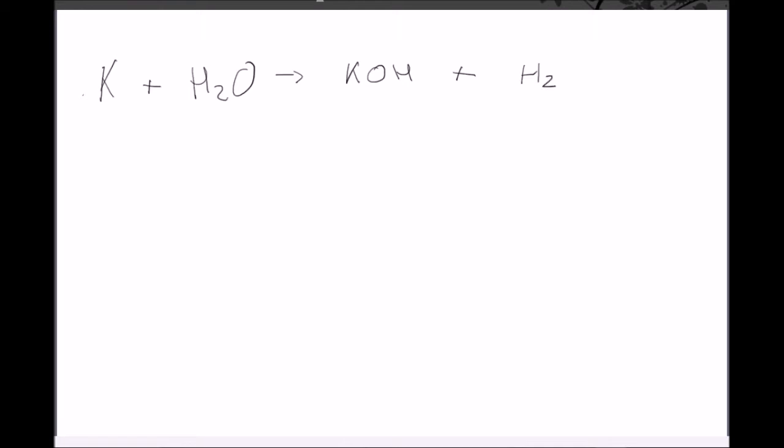This time there was so much heat produced, and again the equation balances itself in exactly the same way as the previous. So again, our observations are the same as the last two, although it wasn't particularly obvious for the lithium reaction, but it was obvious for the sodium, in that the metal floats.